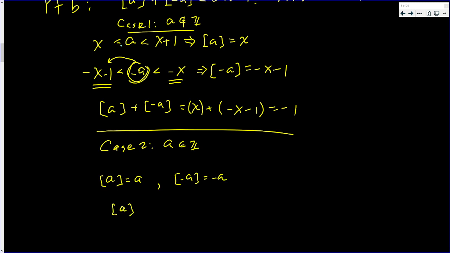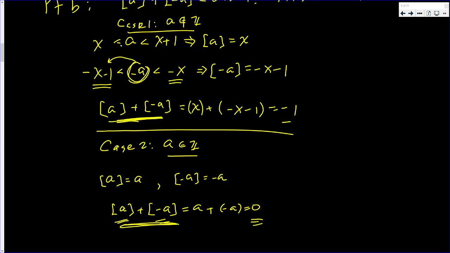So we have the greatest integer of a plus the greatest integer of negative a. This one is a, plus this one is negative a. We get 0. Only when a is an integer do we get this equaling 0, and when a is not an integer, this is equal to -1.